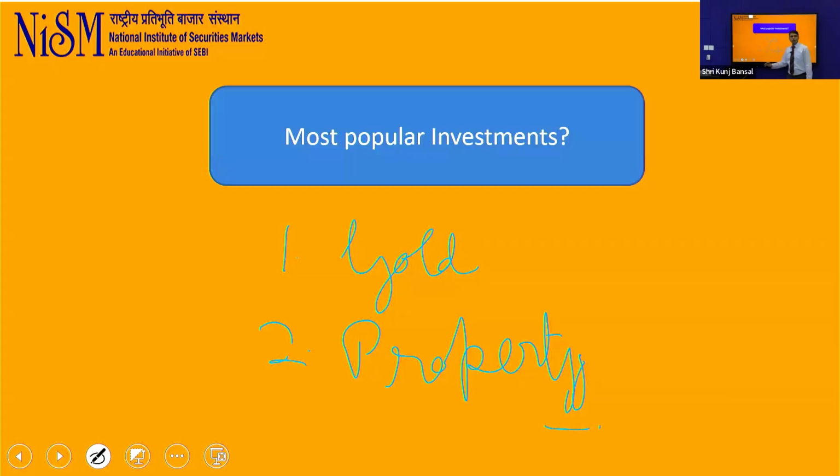So these are the two most popular investments that we have in India. Of course, what is becoming popular now in the last few years? Any answers? Yeah, mutual fund, equity, SIP, share market.